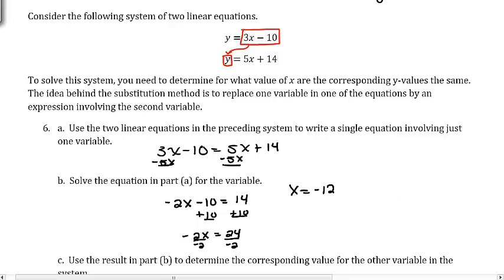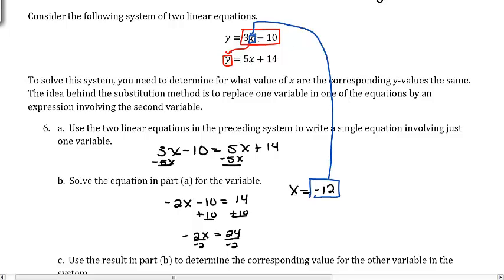Now take what you got for x, and we'll do that in blue. We got negative 12, and you can replace the x in either one of the equations from up above. I'll always just put it into the first equation, but you could replace the x in the second equation with it as well. It doesn't really matter.